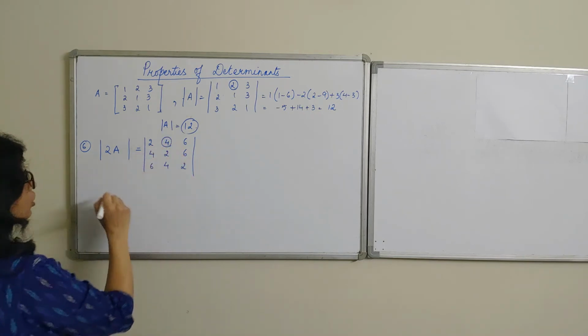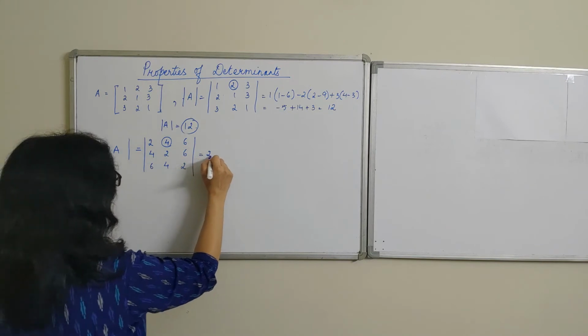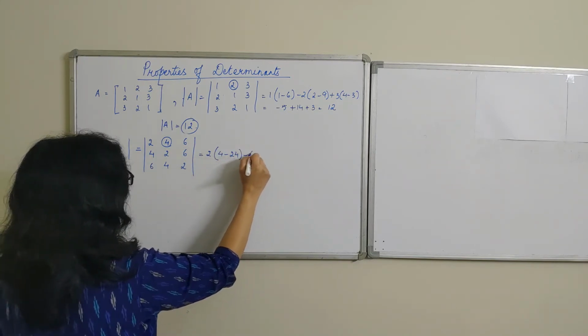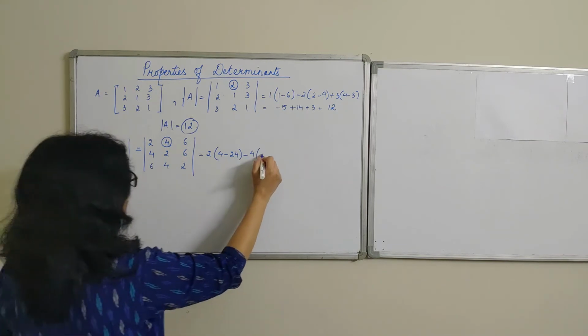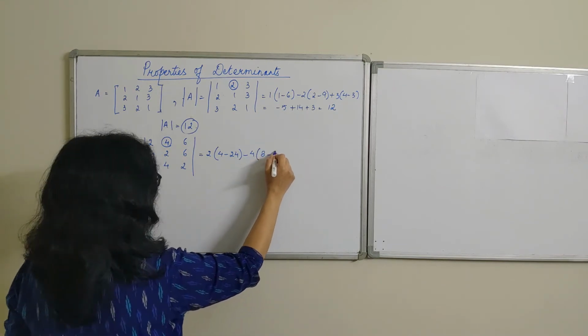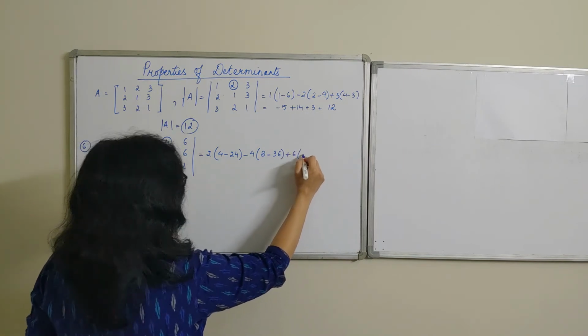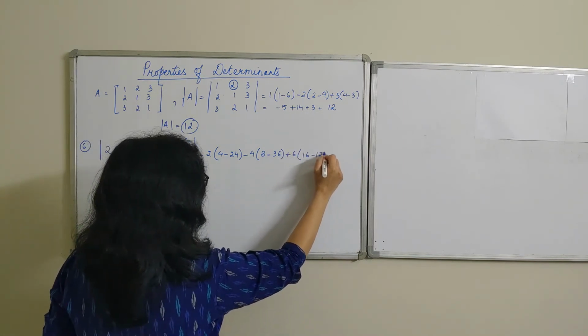Evaluating by expansion along first row, 2 into 4 minus 24 minus 4 times 8 minus 36 plus 6 times 16 minus 12.